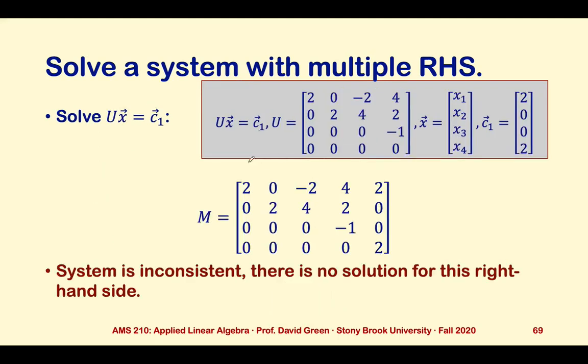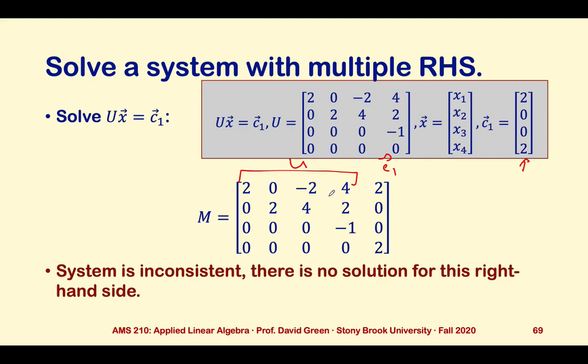Once we've found this, we can move forward to our next piece, the upper triangular form. How do we do this? We plug in our C, construct an augmented matrix with U and C1, and try to solve. The very first thing we note, remember, we are already in an echelon form, an upper triangular form.